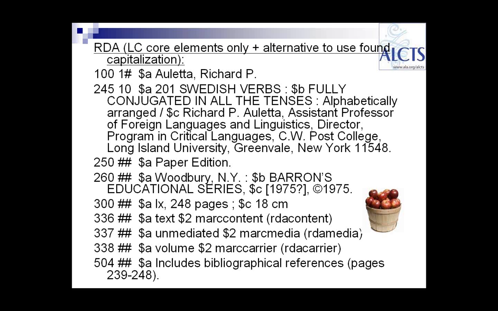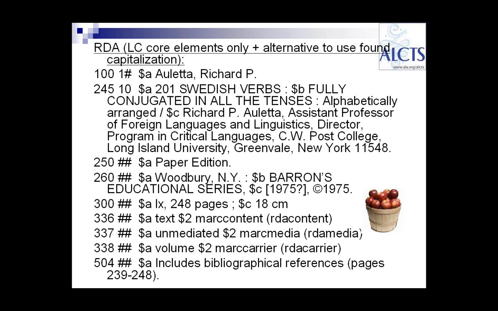And so it's not necessary to follow the ISBD, or the International Standard Bibliographic Description, with RDA. RDA is not divorced from it, but you have the option to follow it or not.